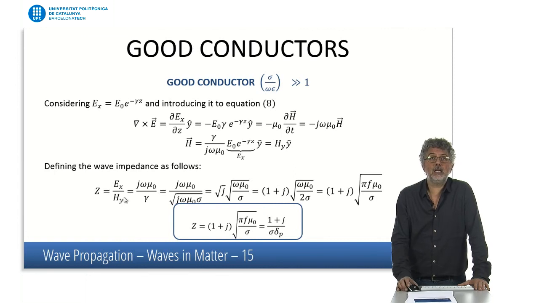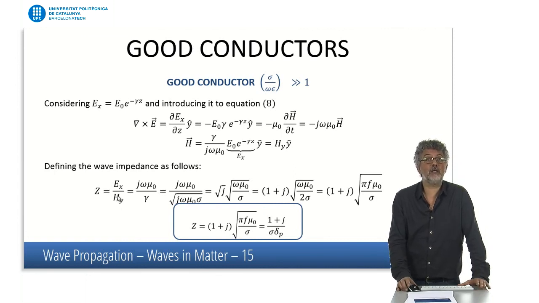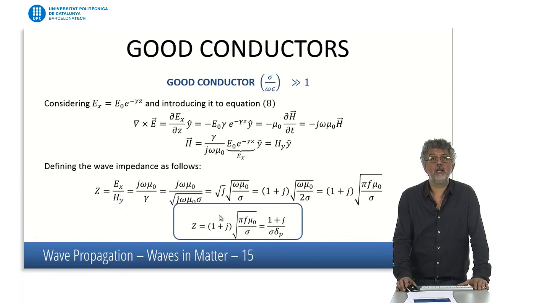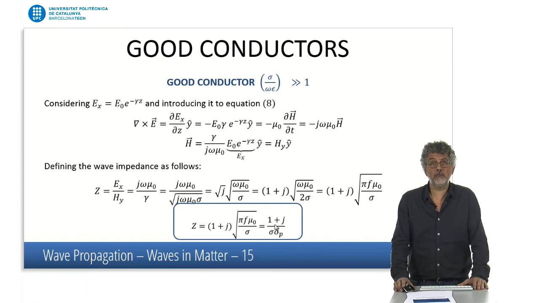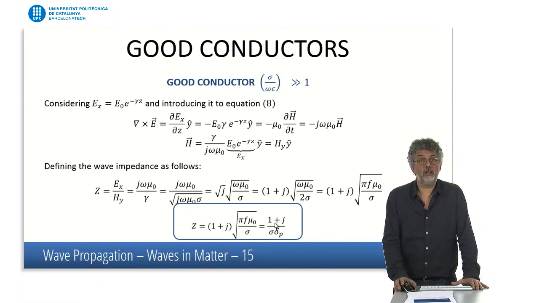That constant allows us to define the wave impedance in a conductor, which is the ratio between the electric field and the magnetic field. And this is the value of the wave impedance, and it is interesting to note that the wave impedance is complex. So actually, what it means is that in a conductor, the electric field and the magnetic field are not in phase.